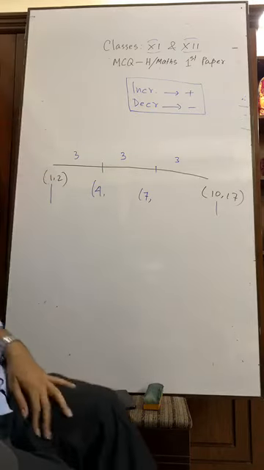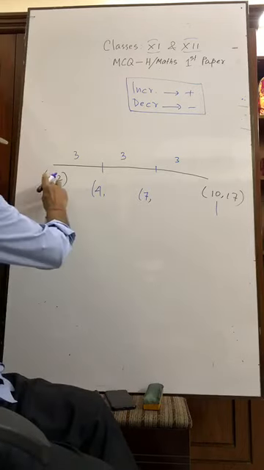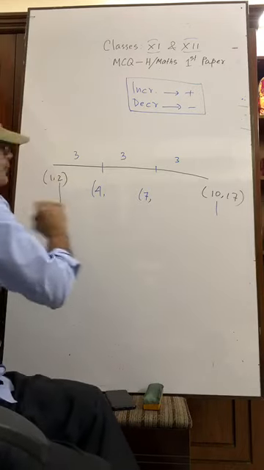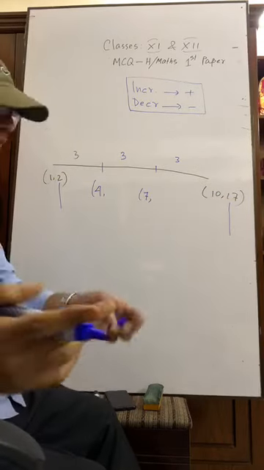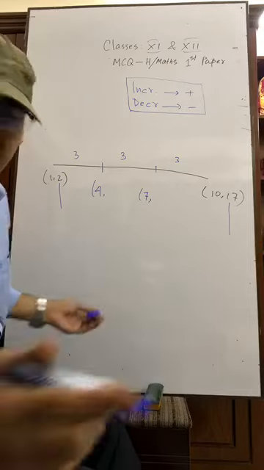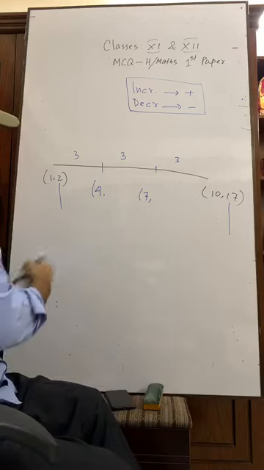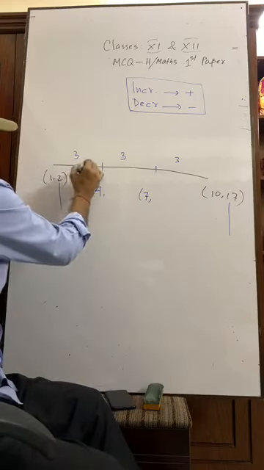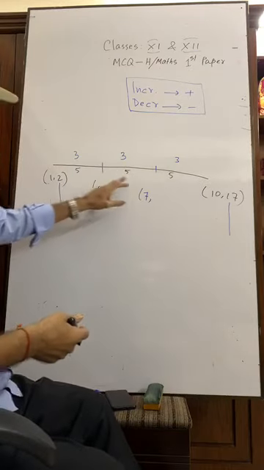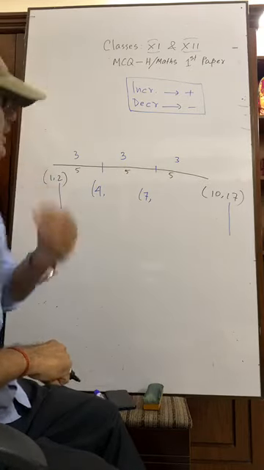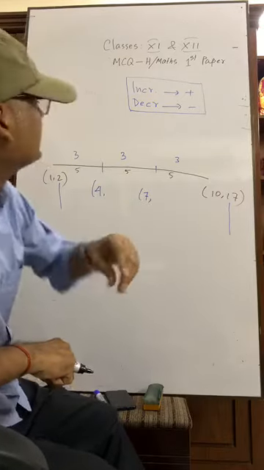Okay. Again, what is the difference between these 2 and this 17? I know all of you tell me, sir, the difference is 15. Okay. Difference is 15. 15 means 5, 5, 5. 3 fives are 15. Again, from 2 to 17, it is increasing. Increasing means what?